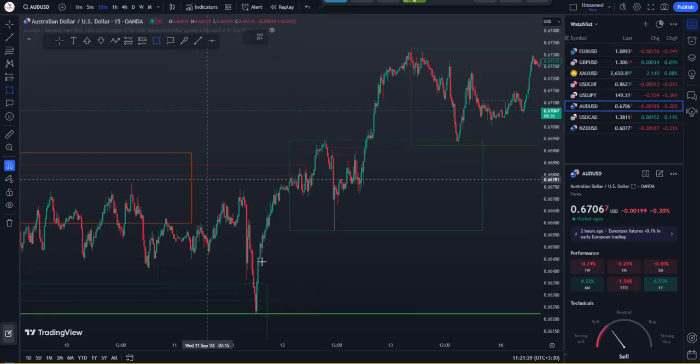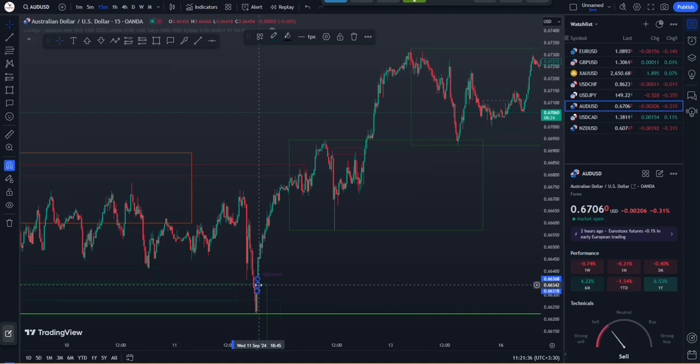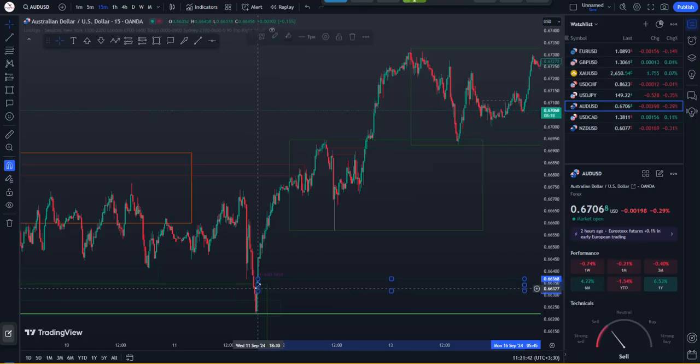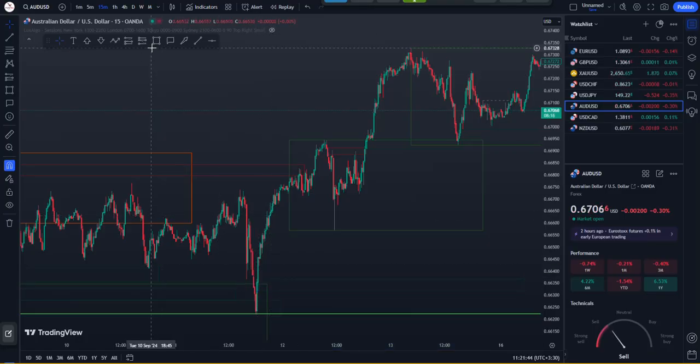So I draw these levels. Actually, long orders were executed here, and they must be noticed. So this one and this one, I draw these levels.